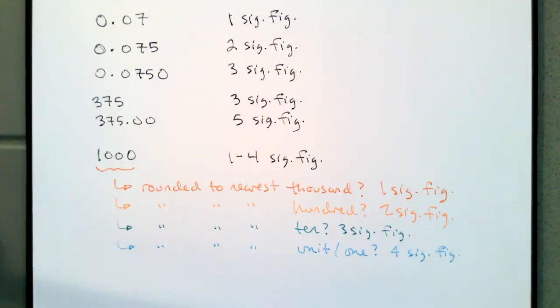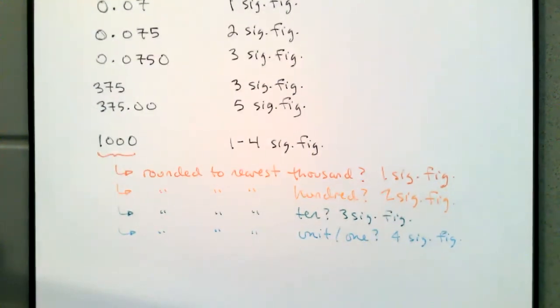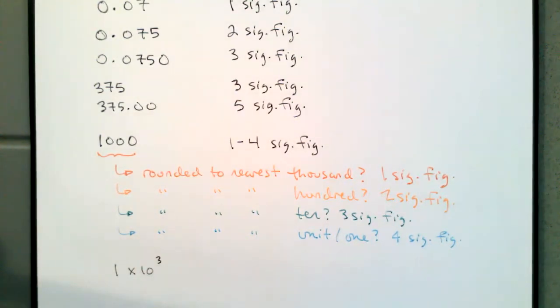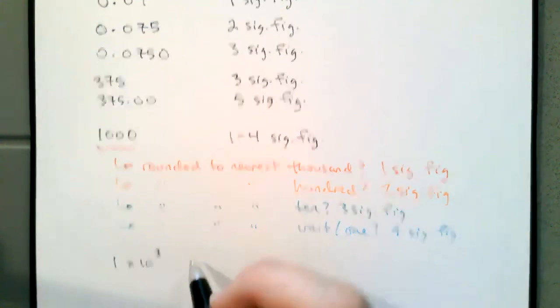What we would do in this scenario, if we want to make sure that just looking at the number will tell us how many significant figures there are, is write the number in scientific notation. So if I say that this is 1 times 10 to the 3rd, that's one significant figure.